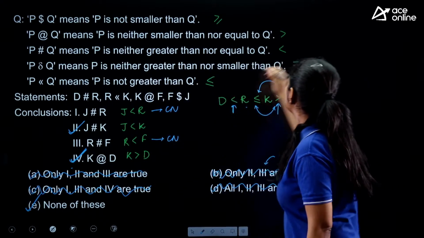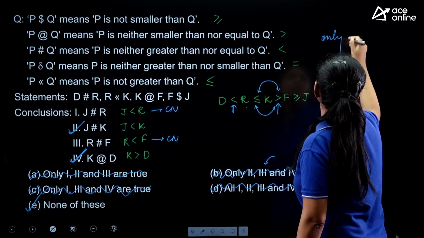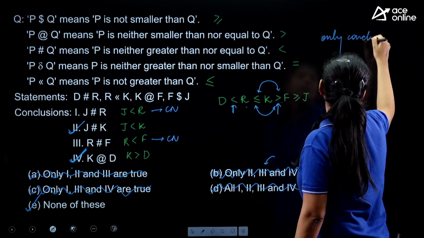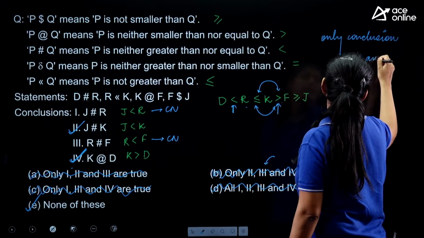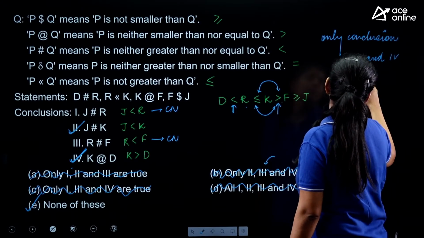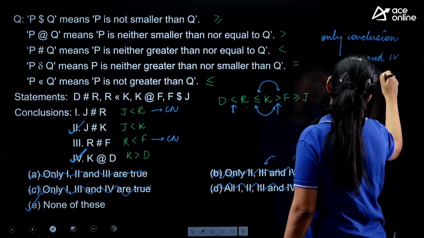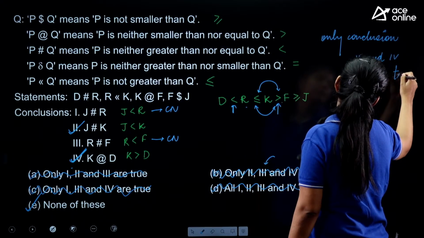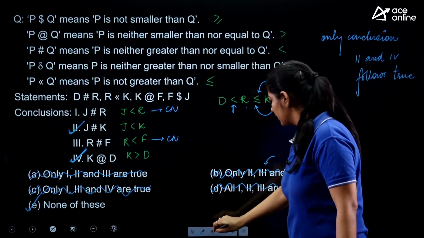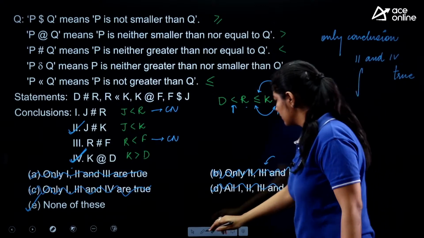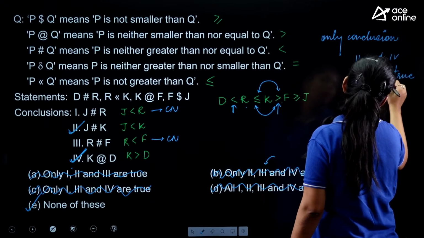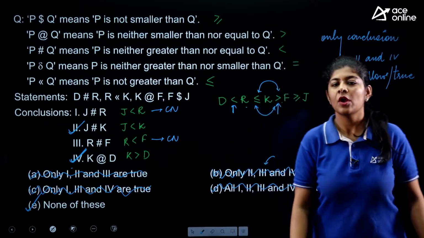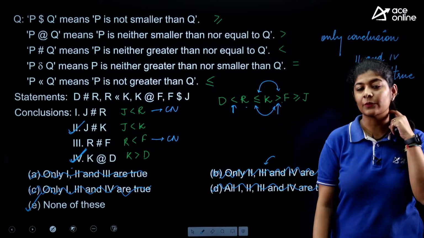So we can say that in this one only conclusion second and 4th follows, or we can say true, right? Is it clear? Option number E is the correct one over here.